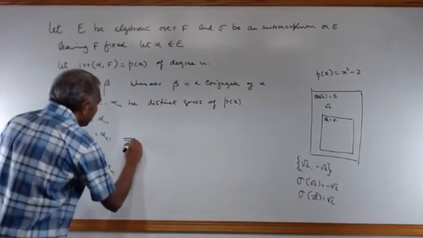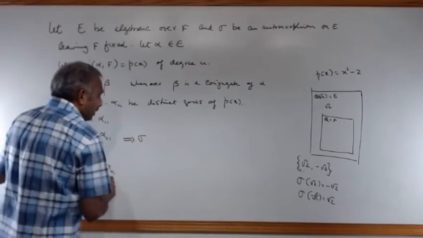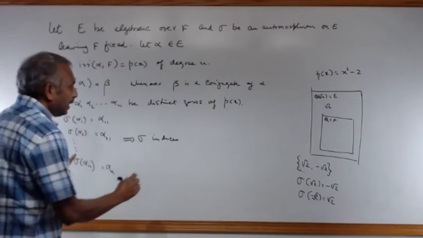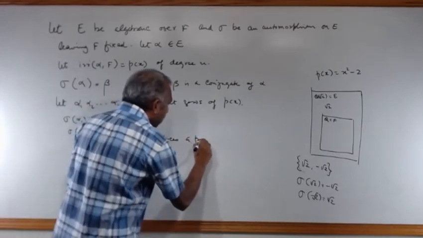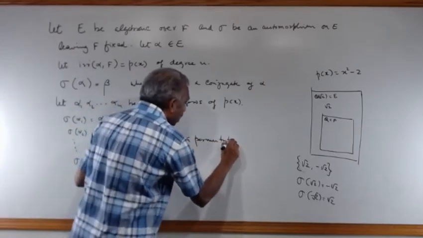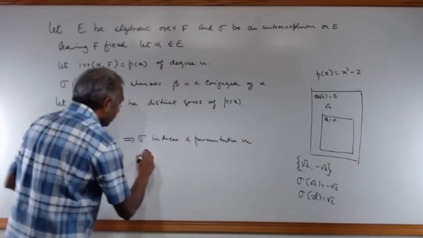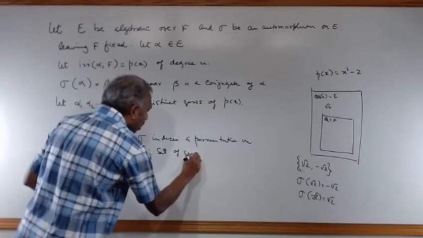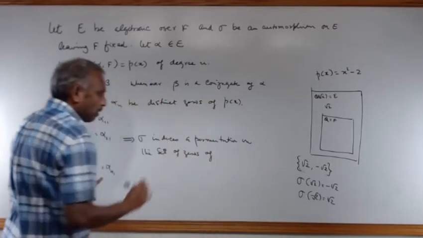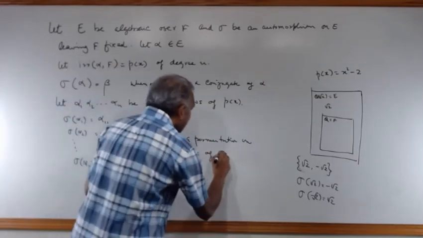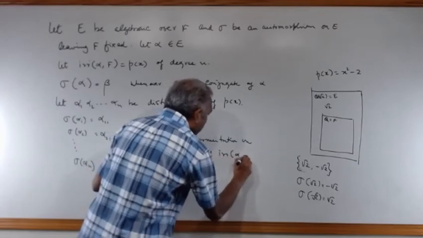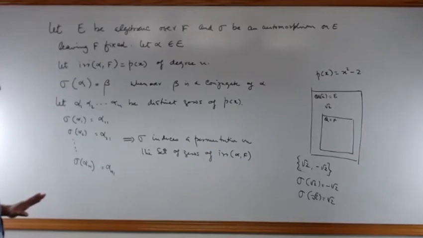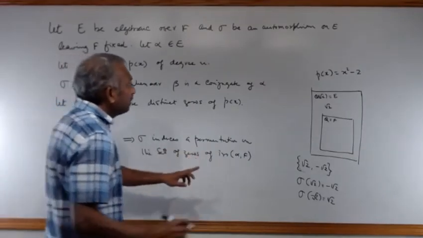And this implies sigma induces a permutation on the set of zeros of the irreducible polynomial over F. What do you mean by permutation?